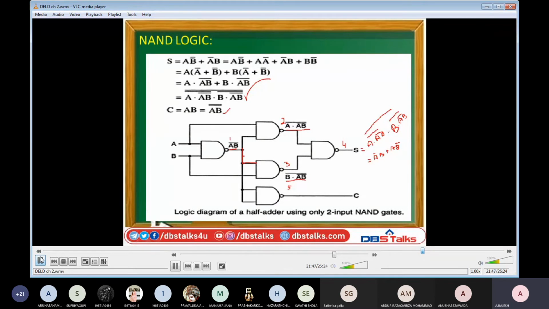They have given AB complement as one input and again AB complement as another input, that will be equal to AB double complement, which will be equal to AB.